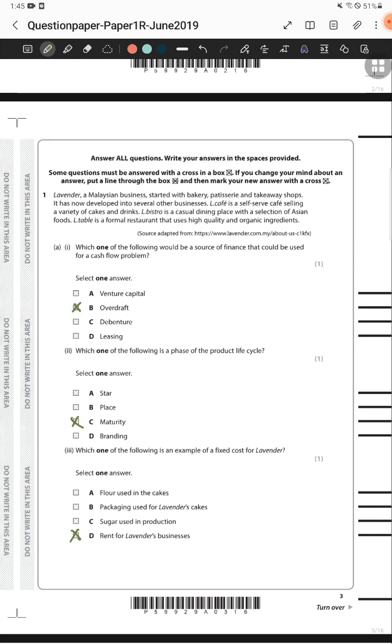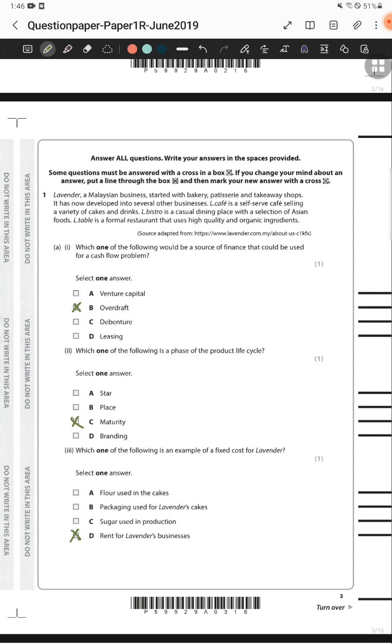This case study is quite short. Okay, let's look at it. Lavender's business started with a bakery, pastries and takeaway shops. It has now developed into several other businesses. El Cafe is a self-serve cafe selling a variety of cakes and drinks.